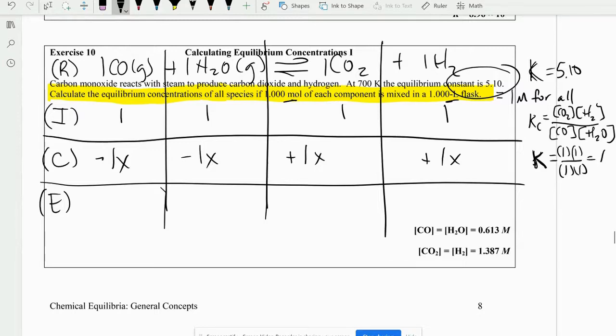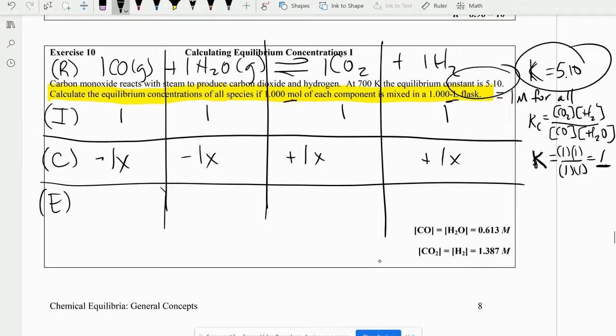Right? So as it stands initially, when you use the initial concentrations, your K value would be 1. But the real K value at equilibrium is 5.10. So this is where you would set up the reaction quotient.